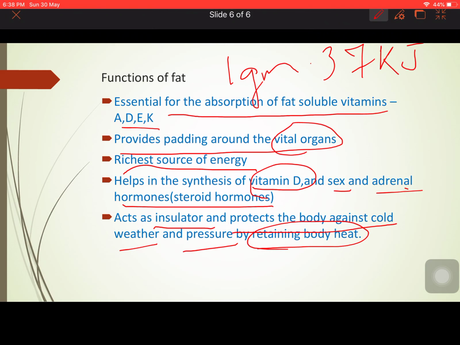There are several questions like give two examples of this or that, or write two functions of fats. In the previous part also, when I taught carbohydrates, you can have questions like give two examples of monosaccharides and two examples of disaccharides. If you go through each and every part of my video very clearly and carefully, then you will know each and every answer.